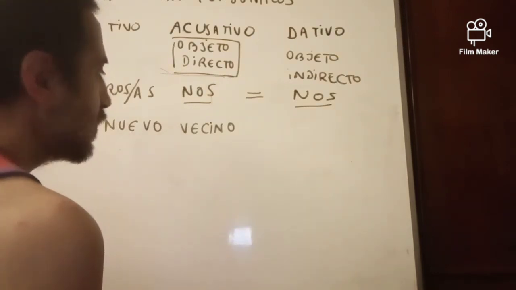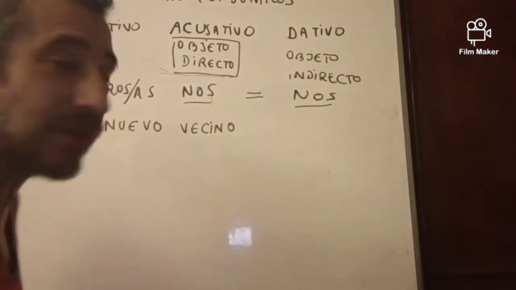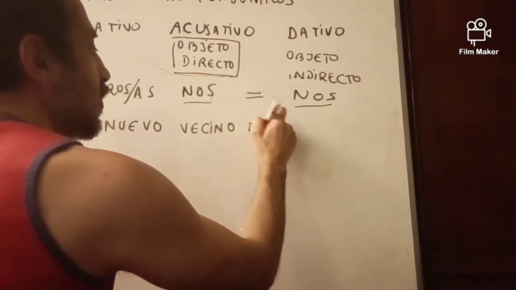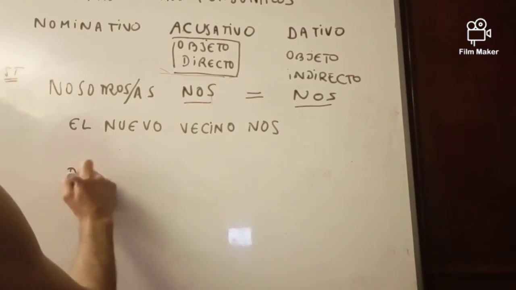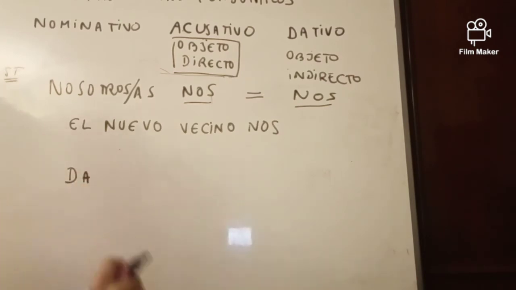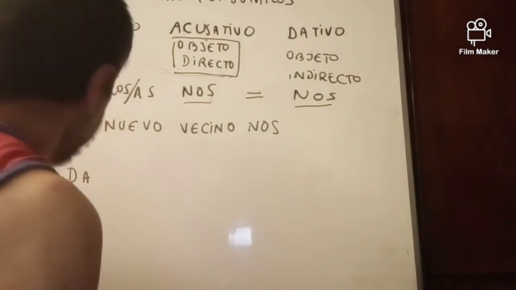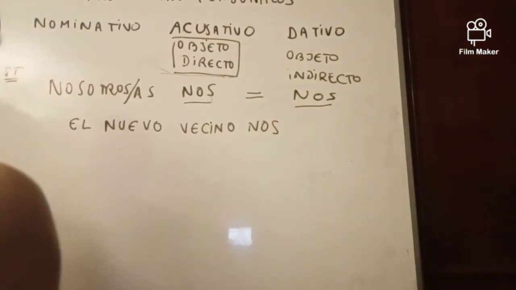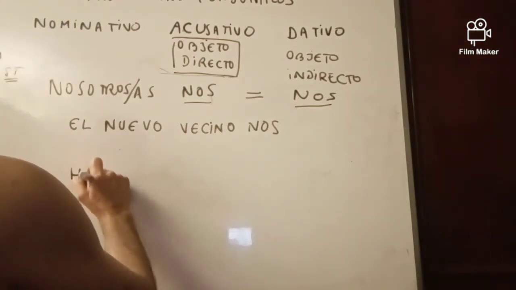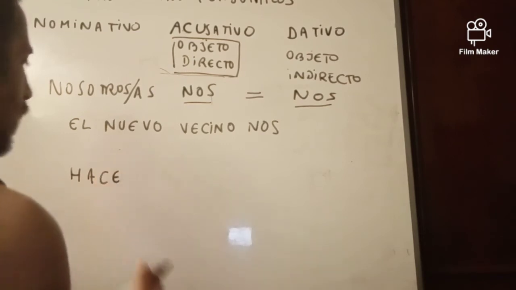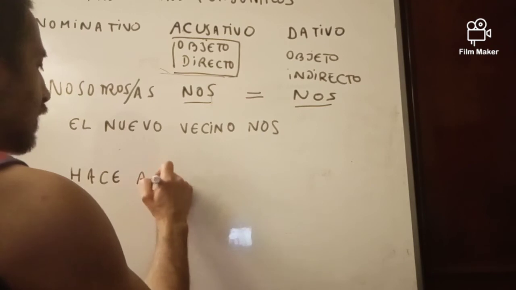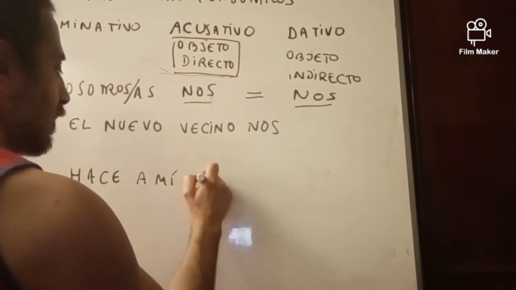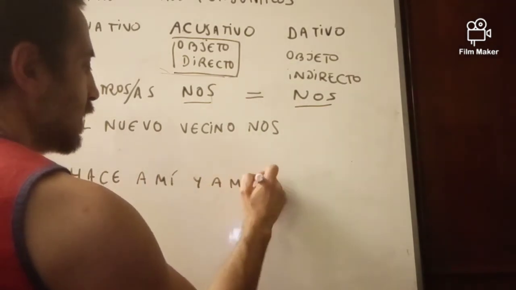Well, we have to double the pronoun. It's very common in Spanish. Nos hace, this is the verb hacer, to do or to make, depending on what we are saying. El nuevo vecino nos hace a mí y a mi esposa.